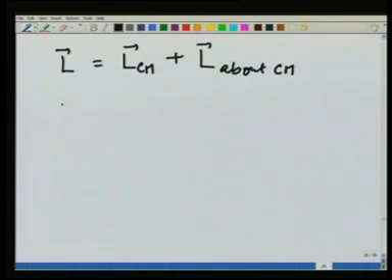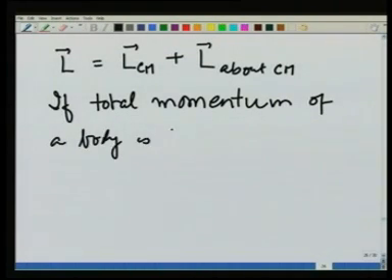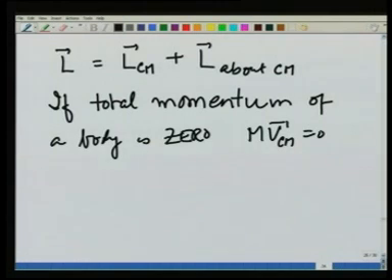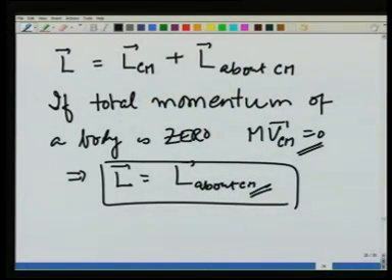And you can see if total momentum of a body is 0, that is m V_CM is 0, this implies L equals L about CM, and therefore, in that case the angular momentum of the body, no matter where I take it from, is independent of the origin, because this has always come out to be L about CM, but this is only because the total momentum of the center of mass is 0. In general, this is the result.